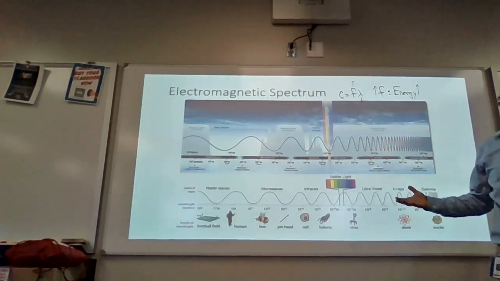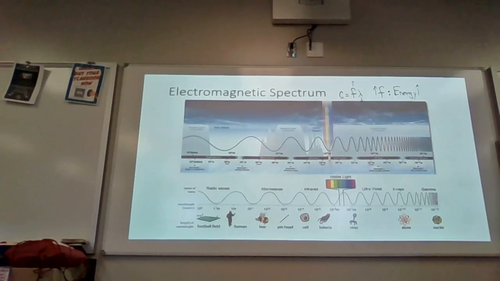That's why you need a spacesuit. One of the reasons you need a spacesuit is that you're exposed to all these things, because your sight is just this little skinny band right here.